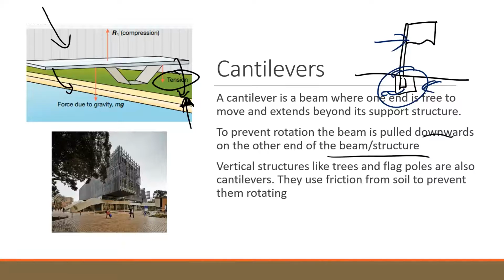In this case, the pivot would be here. And of course, if you did hit it with a strong enough wind, you could probably push against the force of friction in the ground and push the flag over. Same with a big enough person or a big enough object, you could probably push the diving board to break.